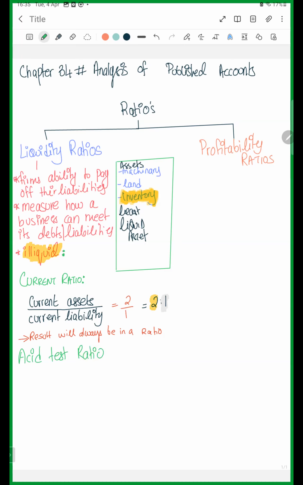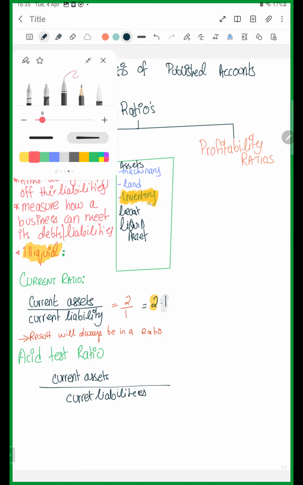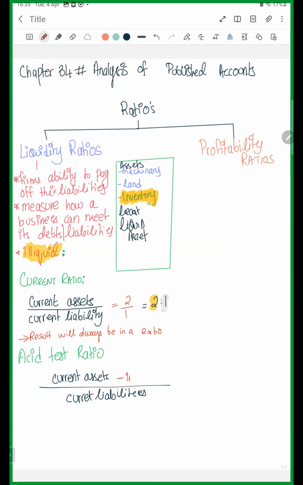The formula is current assets divided by current liabilities, but to give you a clearer picture, the acid test ratio excludes inventory, because inventory is the least liquid asset.